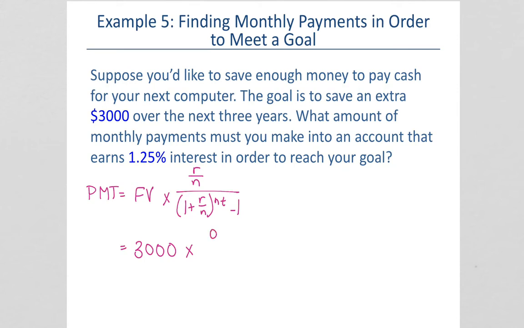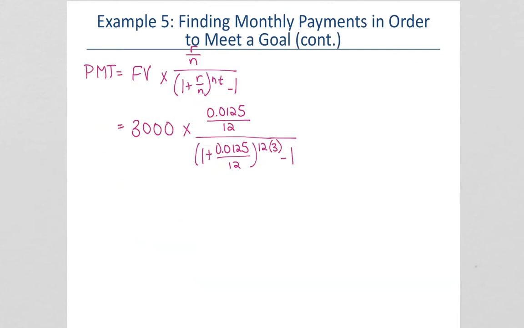The rate is 0.0125 divided by 12 times a year. And on the bottom, 1 plus 0.0125 divided by 12 to the 12 times 3 years, minus 1.